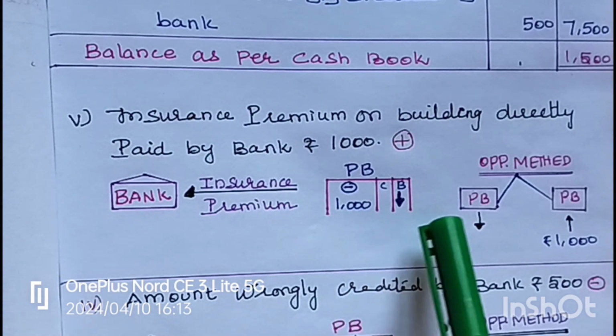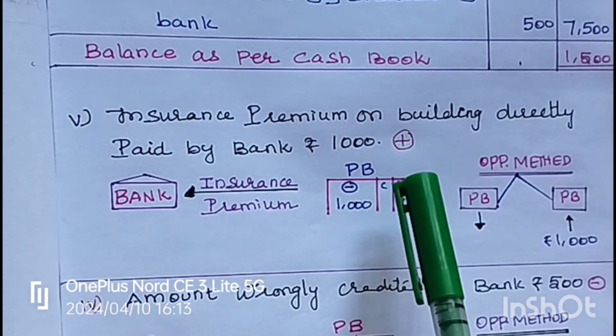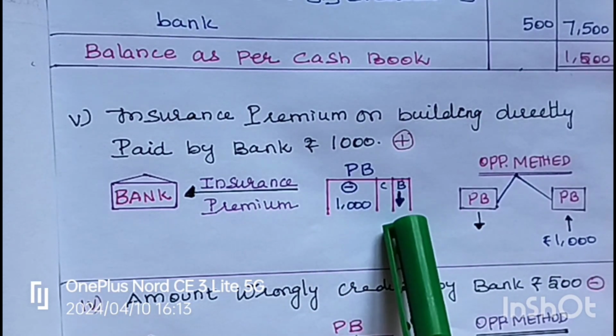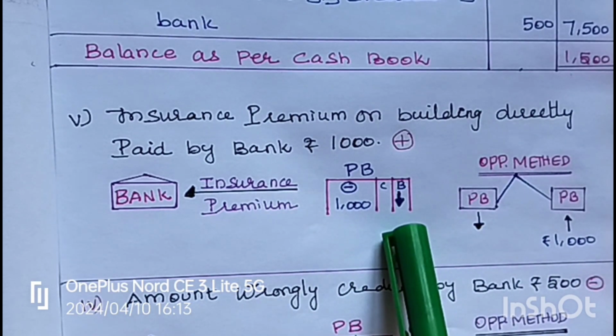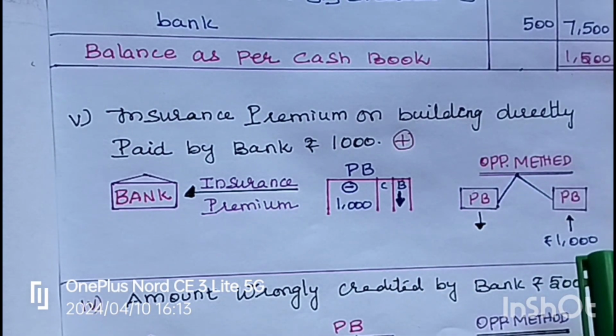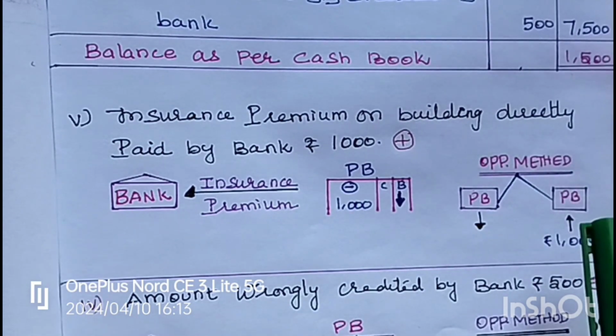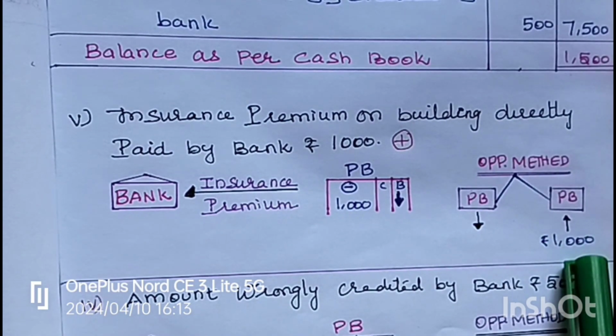Here we are using the opposite method. Okay, which means if the bank passbook decreases, as per the opposite method, it is to be increased. So 1,000 rupees is to be increased.